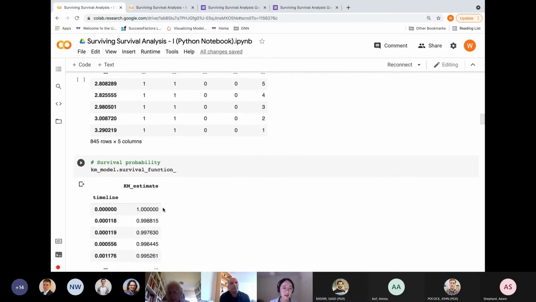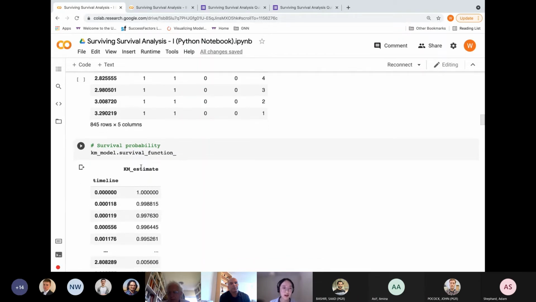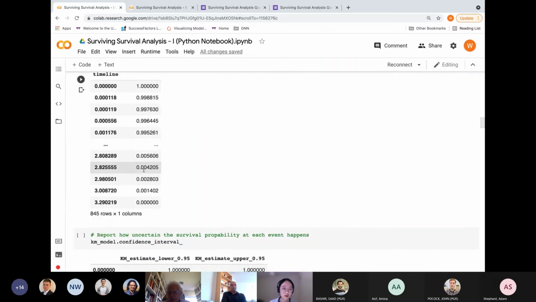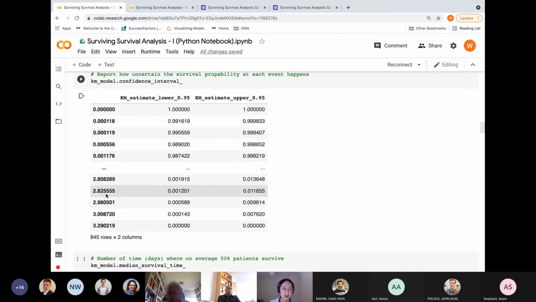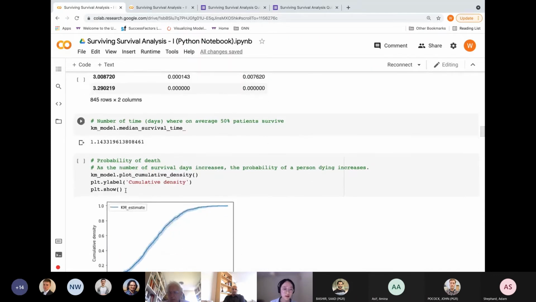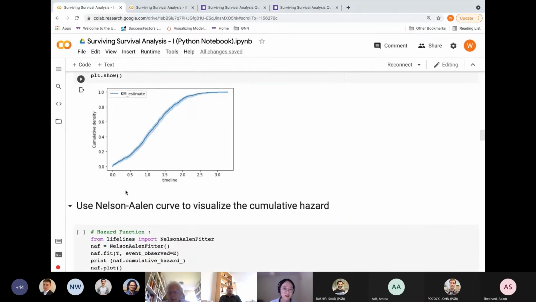You can also get the survival probability by calling the survival function method. And you can call the confidence interval method to get the confidence interval of the survival probability at each time point. Okay, and I will skip this part.